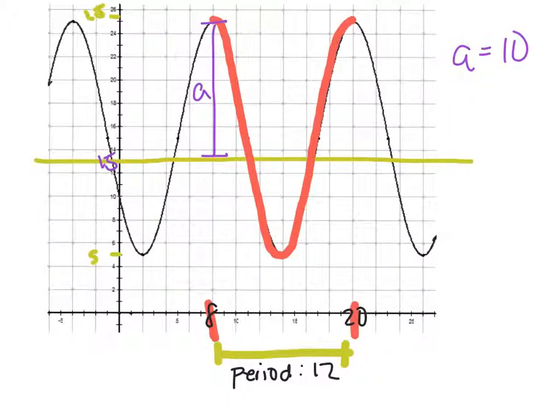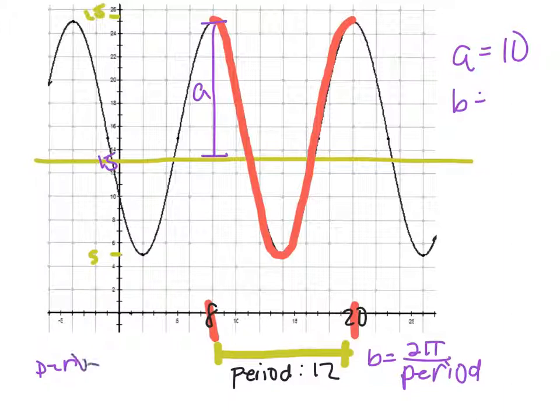My b comes from doing 2 pi divided by your period. Just like on the other graphs, your period was 2 pi over whatever that b is, so we're just kind of going backwards. So if I do 2 pi over 12, that means my b value is going to be pi over 6. And then your C is basically where you're starting.